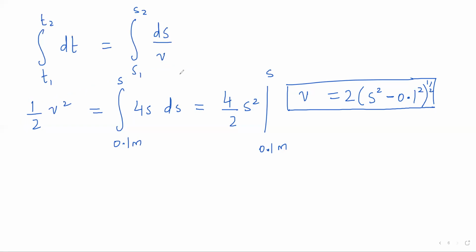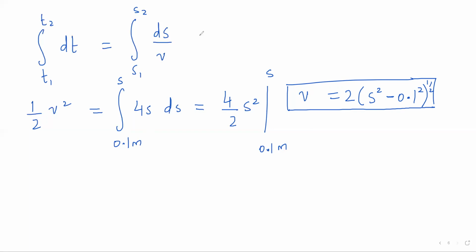I think I skipped steps. That's why it's confusing, so let me explain. This 2 will go to the right. 2 4s are 8, 8 over 2, 4. 4s square. 4s square under root will give me 2s, so 2 will be pulled down. Step by step, you will get 2 bracket s square minus 0.1 square bracket to the power 1 by 2. Now that you have got this, let's do the final part and call it a day.